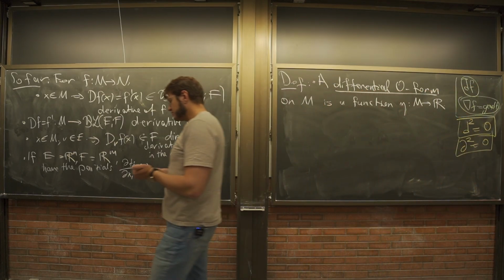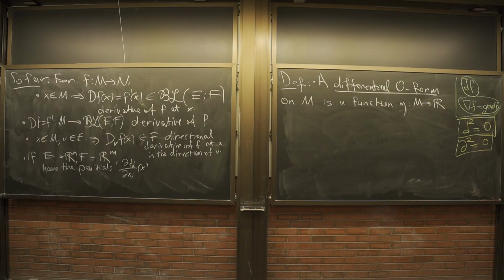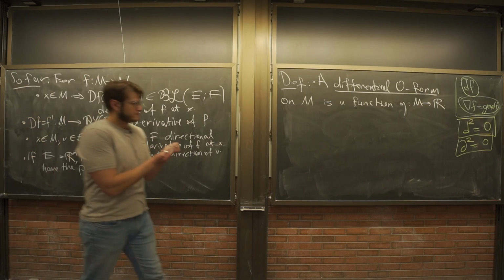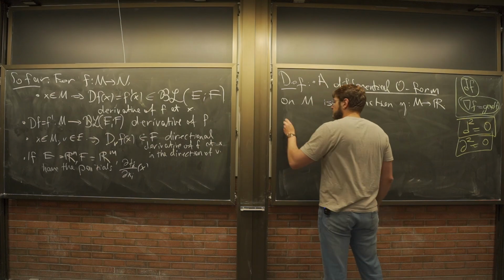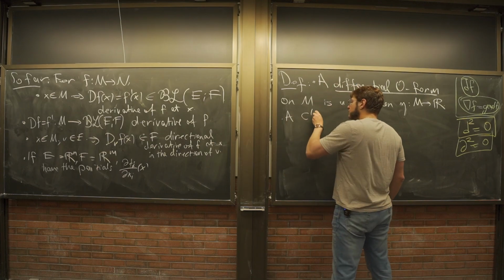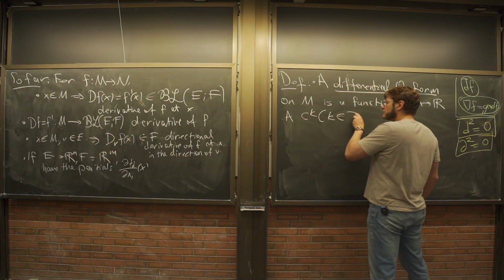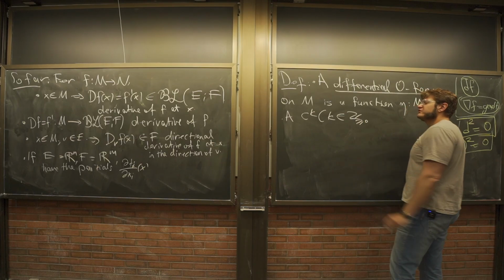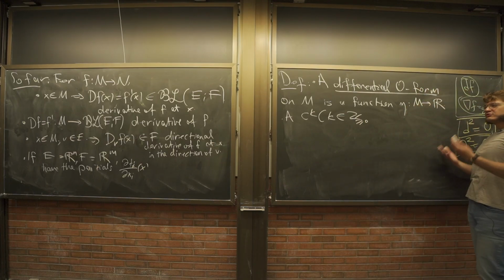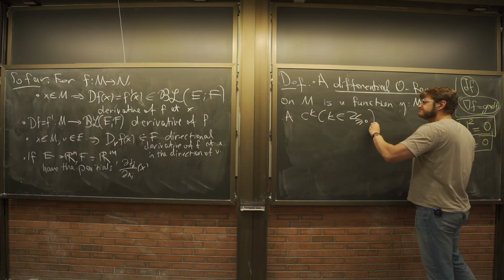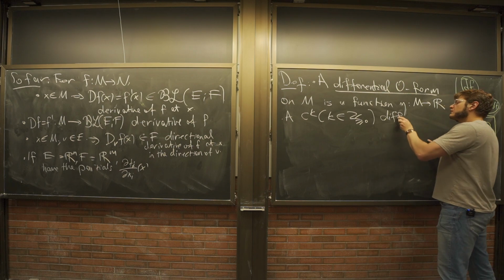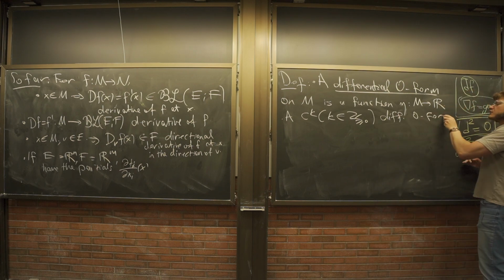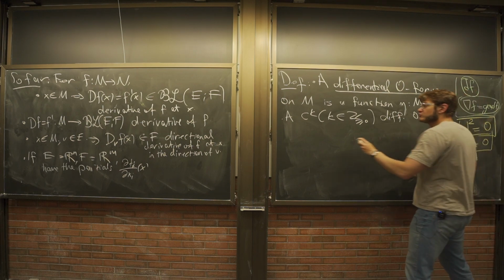A C^k differential 0 form is a C^k function, k an integer, possibly 0, so a continuous form, a continuously differentiable form, and so on. Still a 0 form, though.